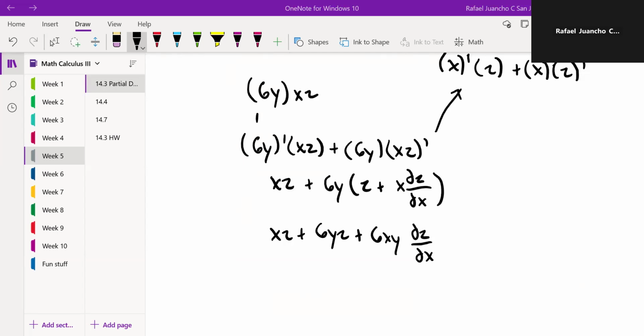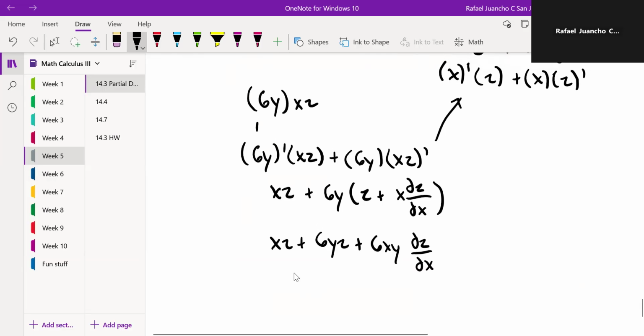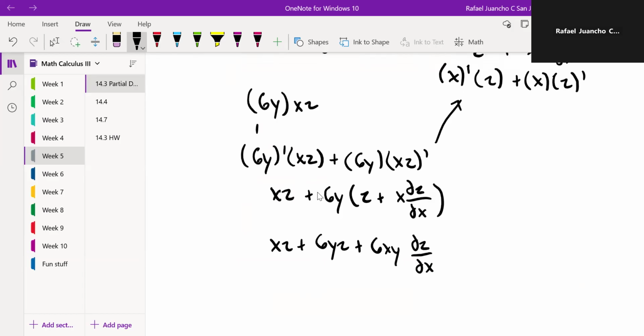Yeah, and then here we should get, that's funny. What do I do about the z here, the xz here? Because in my solution, it doesn't work that way. 6yz, 6xy.